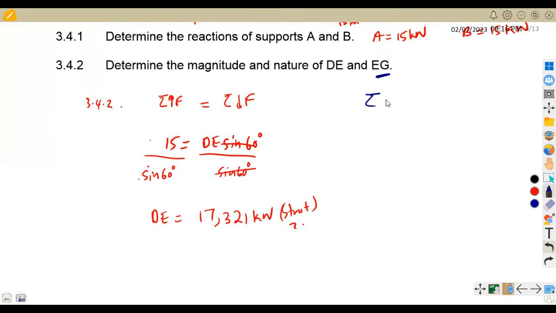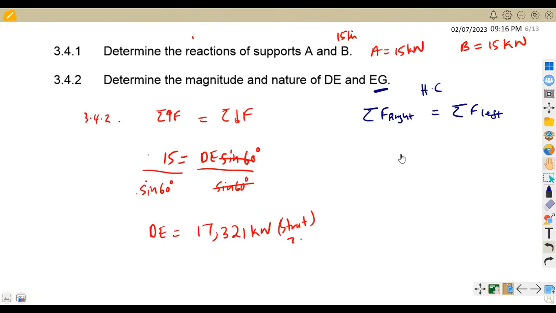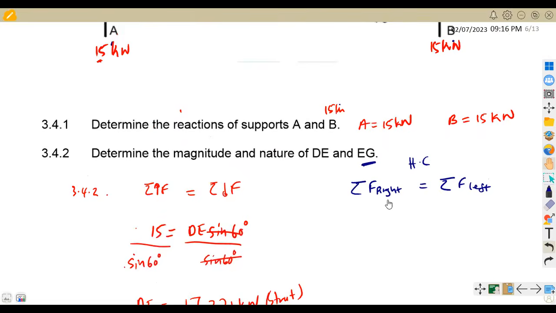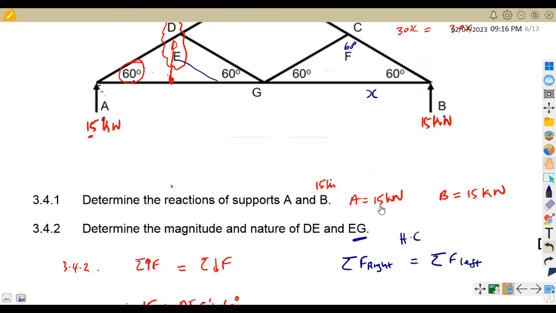The sum of forces on the right side is equal to the sum of forces on the left side. That is for the horizontal components. Which part do we have on each side in this case?